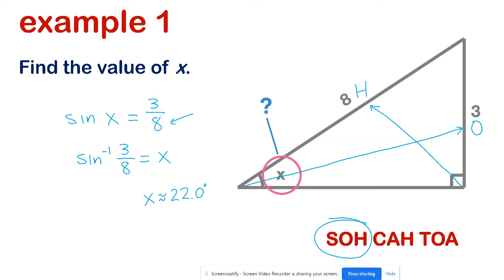Other than the right angle, the two angles on a right triangle are both acute angles. They have to be less than 90. So if you get a number greater than 90, or if you get a negative number, then you've probably done something wrong. Like maybe it wasn't set to degrees, or maybe you switched a couple numbers. So those are a couple things to look for as you go along here.